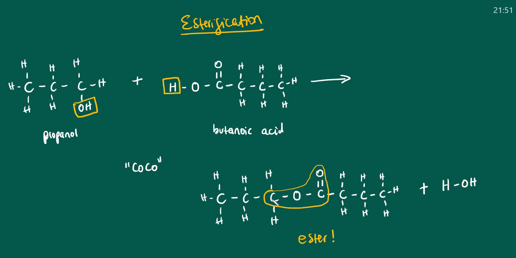So the side from which you can read CO first will be the alcohol side, and that alcohol side is going to act as a substituent. Then the other side is going to be the carboxylic side.